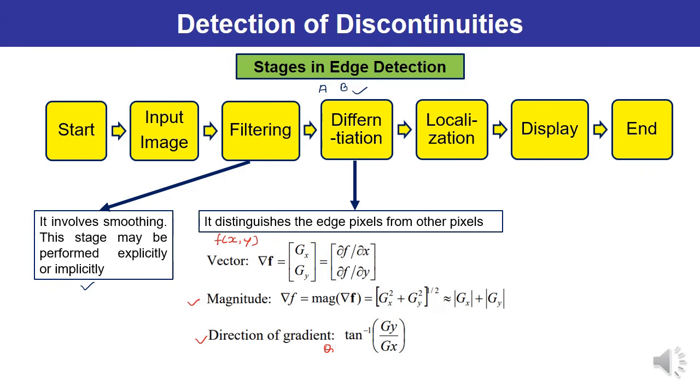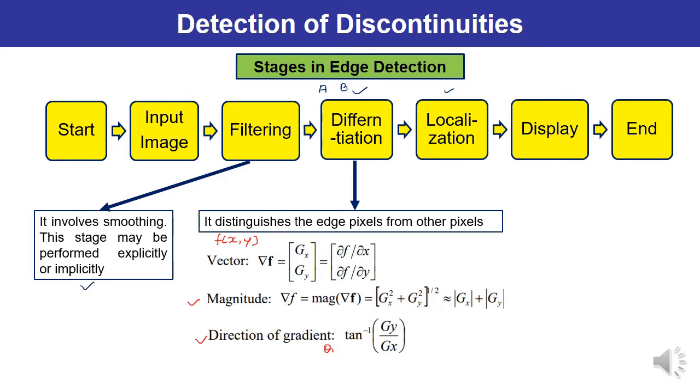Next, the important stage is the localization. You can see after differentiation there is a stage which is known as localization. From the name itself, it is clear that the localization process involves determining the exact location of the edge.